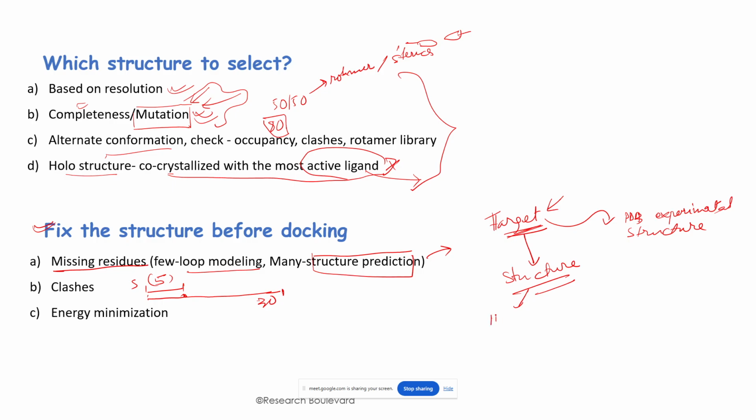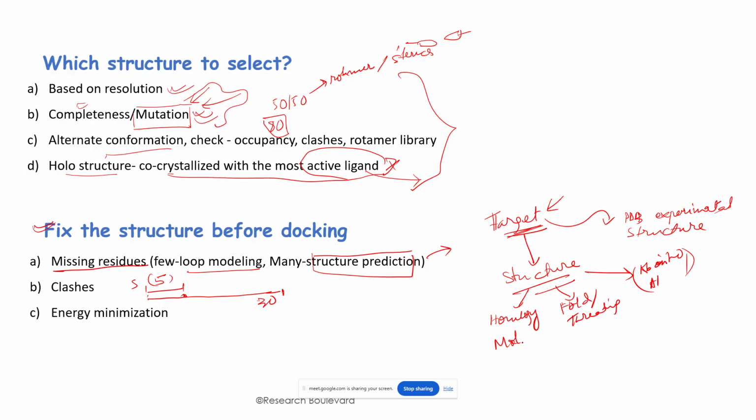You can go for homology based protein structure prediction. You can go for fold recognition based, or threading, you can say, or otherwise you can go for ab initio or AI based structure prediction.